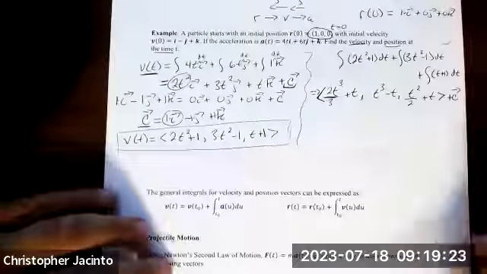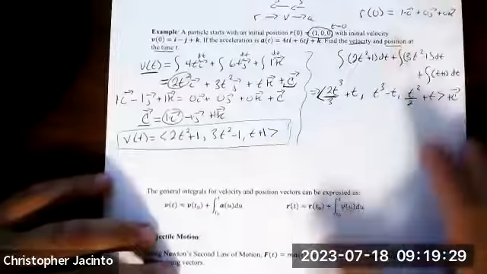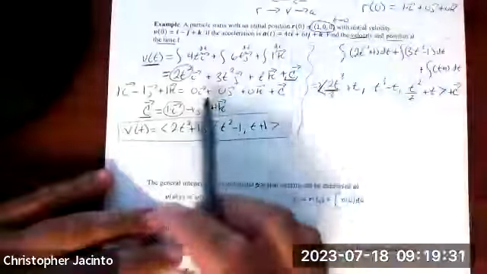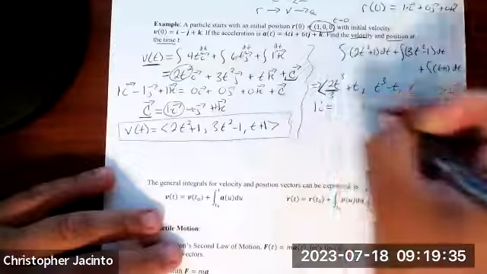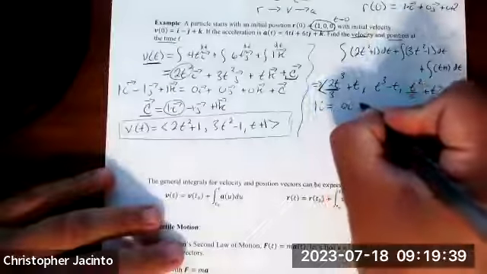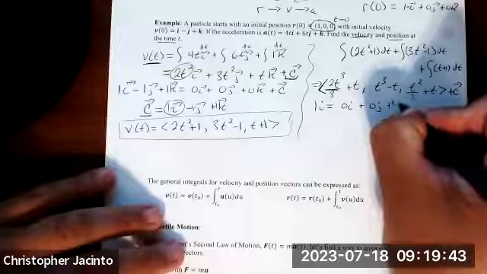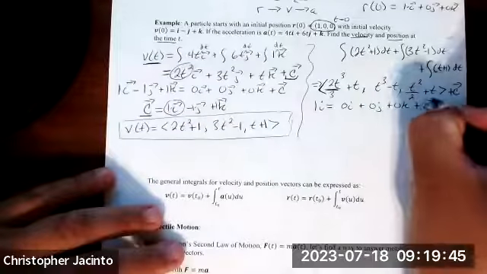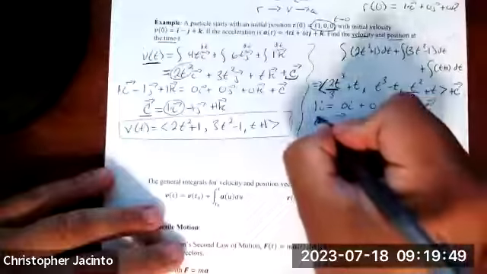So if I plug in 0 for t everywhere, I just have i itself. It's the same template we did before. So 1i equals, if I plug in 0 everywhere, 0i plus 0j plus 0k, plus again a constant vector. Therefore, the constant vector is only in terms of i.